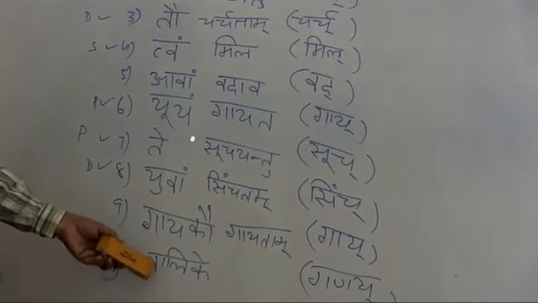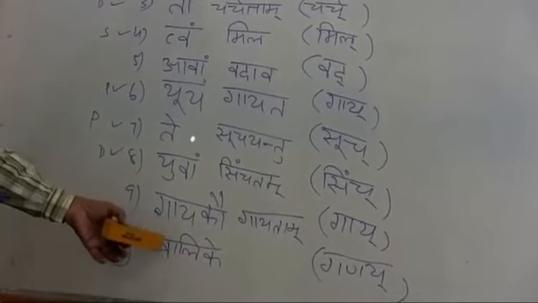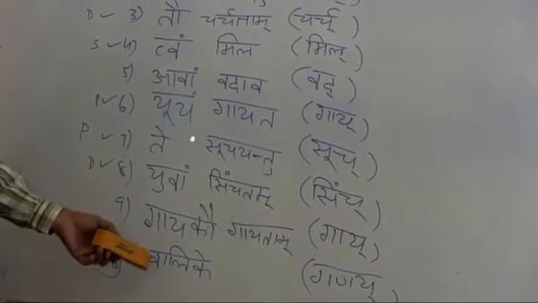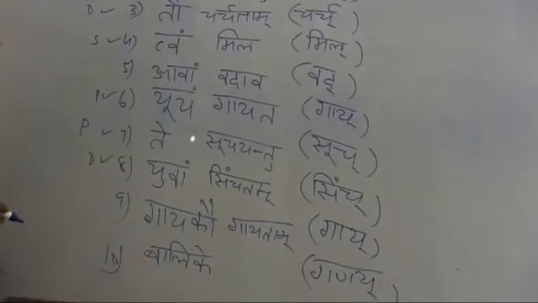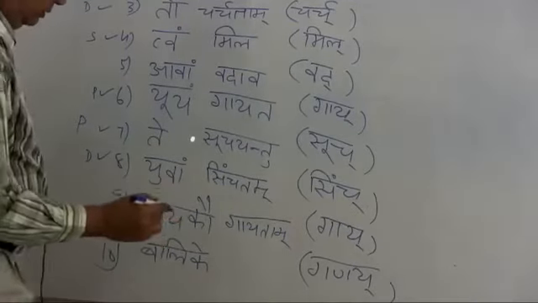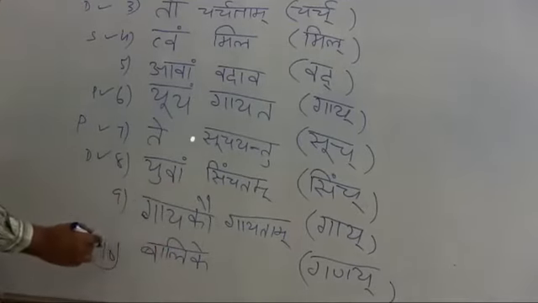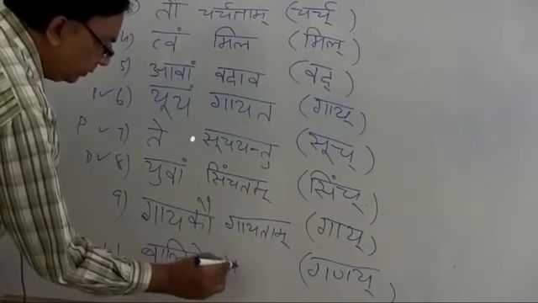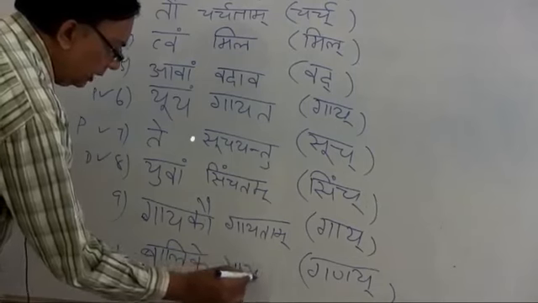Balike means oh girl. But let us suppose here two girls. Let two girls. Oh girl, you sing, if you want to say that, then balike gaya. But I am taking it as balike means two girls, and we can derive it: gayatam.